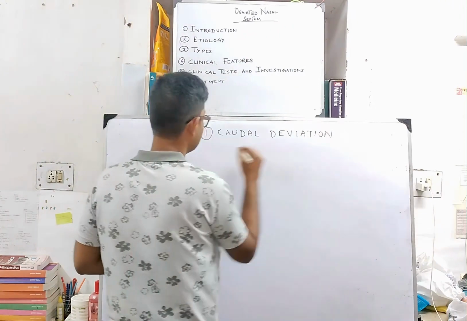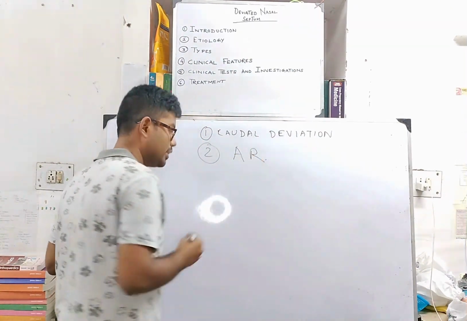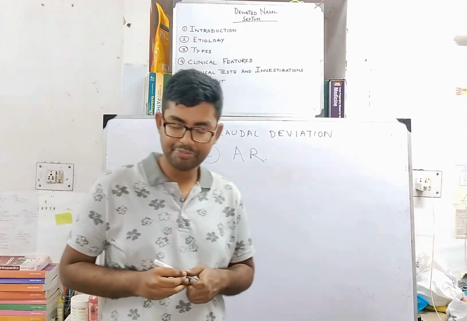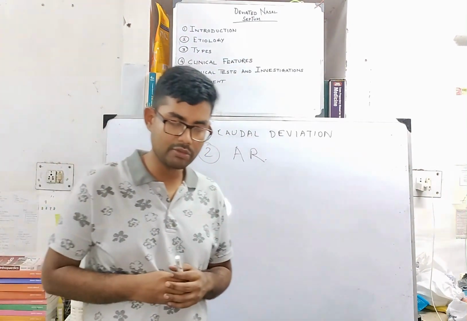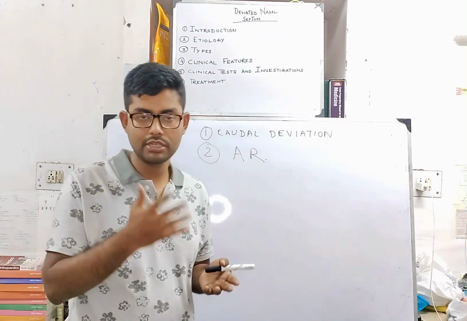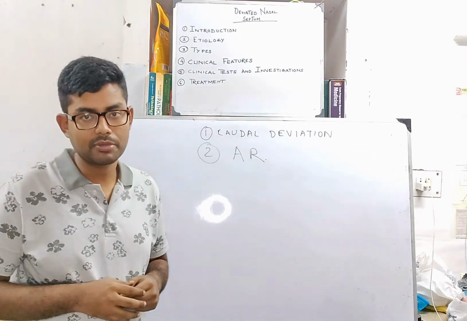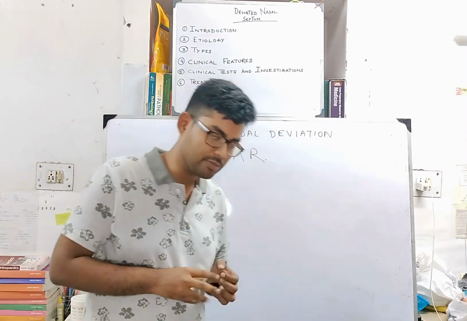We know anterior rhinoscopy is done with a Thudichum nasal speculum, and we can very well visualize the deviated part if it involves the anterior part of the septum.